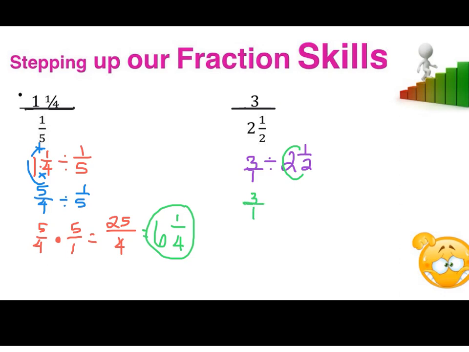So it'll be 3/1 divided by 2 times 2 is 4, plus 1 is 5/2. Keep the first fraction, change to multiplication, flip the last fraction. 3 times 2 is 6/5. I divide it out. 1 goes into 6 one whole time. Our remainder is 1. So your answer should have been 1 1/5.